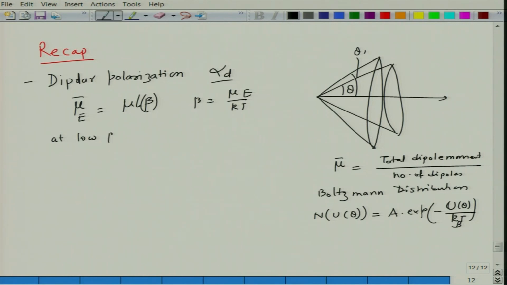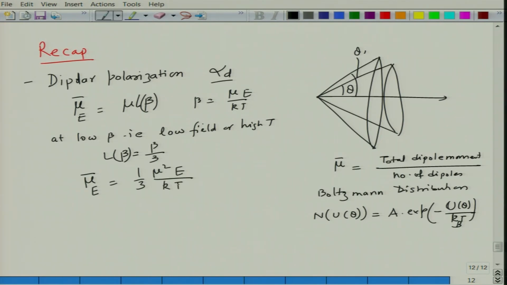At low beta, that is low field or high temperature, we can approximate L beta as beta divided by 3, and from this we got the average dipole moment as 1 over 3 mu square E divided by kT. So, from this we determined the dipolar polarizability, alpha D, which is 1 over 3 mu square divided by kT.